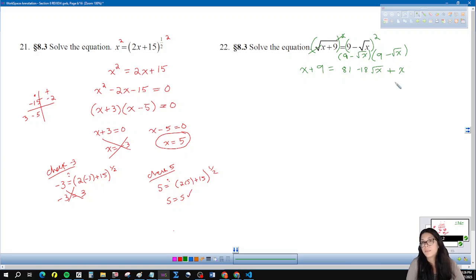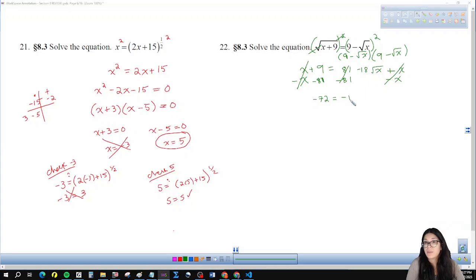So now on the right side, we see that we can go ahead and subtract 81 to bring it over to the left side. And we can subtract x to also bring that over to the left side. Now that means that x will cancel on both sides actually, and 9 minus the 81 is negative 72.